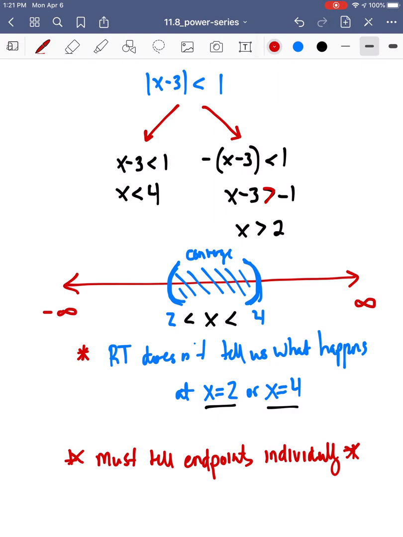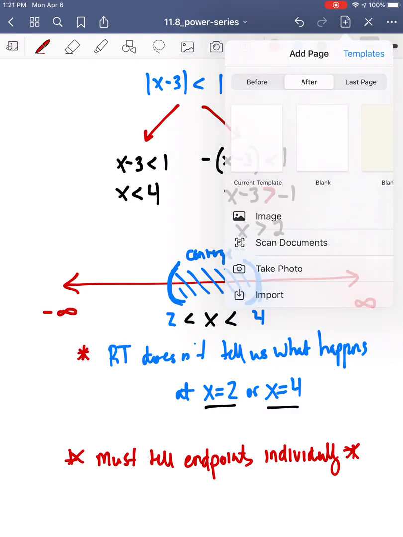So let's go ahead and do that now. If we test the x equals 2 endpoint, we again go back to our original power series. We plug in x equals 2 into that power series.